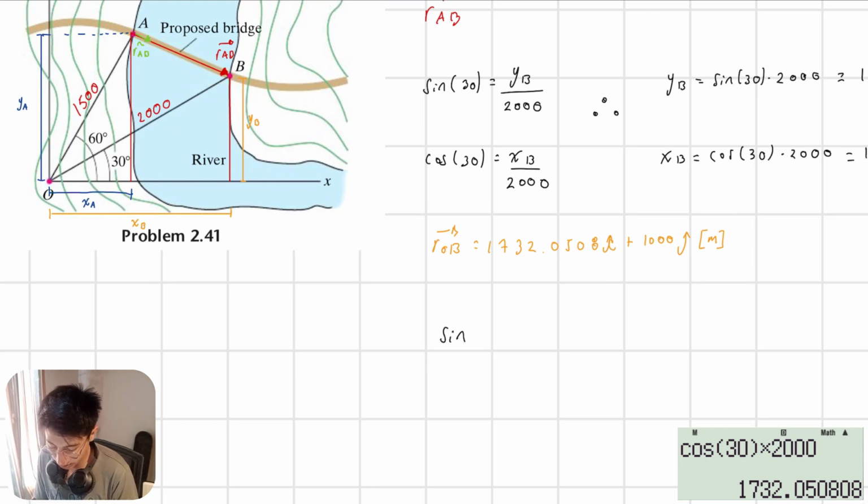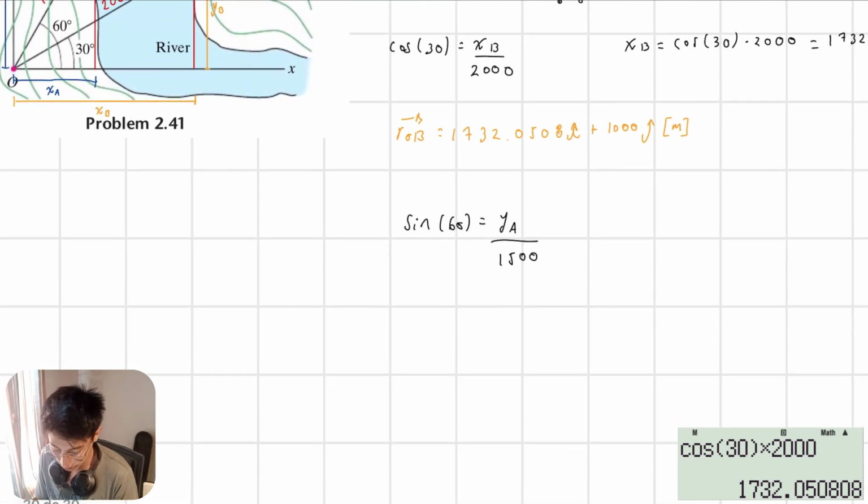So the sine of 60 is equal to the opposite YA divided by the hypotenuse 1500, and the same thing goes for this part.